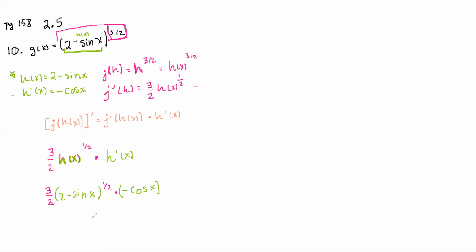So I'm going to simplify this out. I'm going to call this 3 over 2 times 2 minus sine. Actually, I'm going to call it negative 3 over 2 cos X times 2 minus sine X to the 1/2. So I just multiplied it all together.